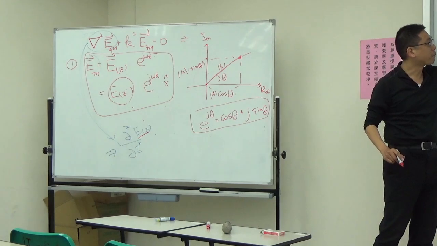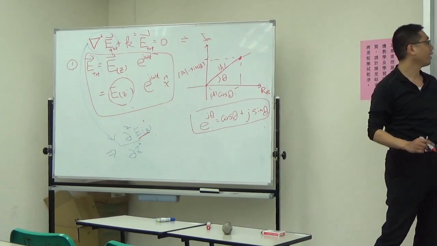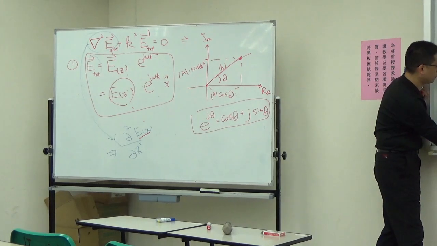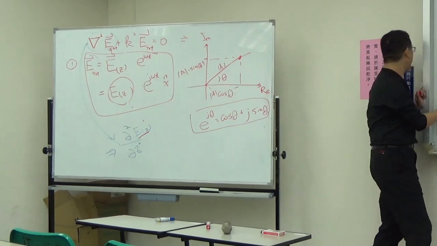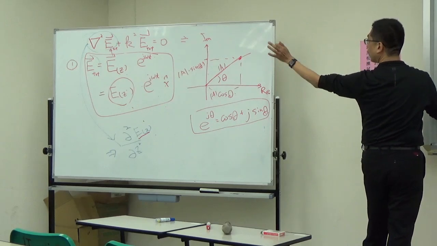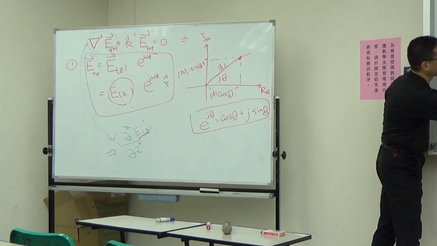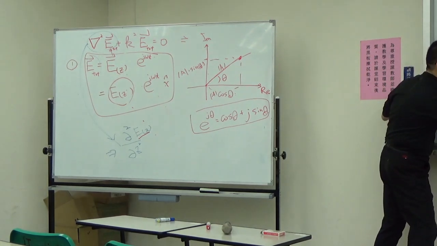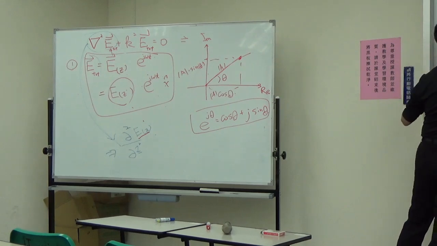If you remember this one, look at our answer here. This one is j times minus kz. Actually, your total E, going back to the assumption from the beginning, I already erased it. E total equals E of z multiplied by exponential j omega t, and E is in the x direction.